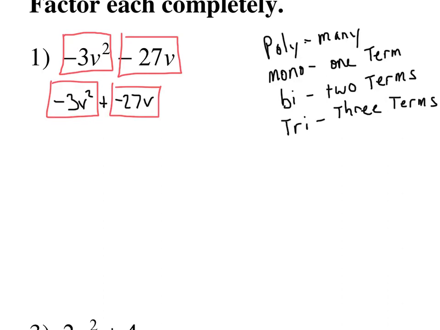Well, next we want to factor this. So what does it mean to factor? Well, for example, let's say we have 12. I can factor 12 into 4 times 3. But I could also break 4 down again into 2 times 2. Or maybe I could have broken 12 into 6 times 2 and then broken the 6 into 2 times 3.